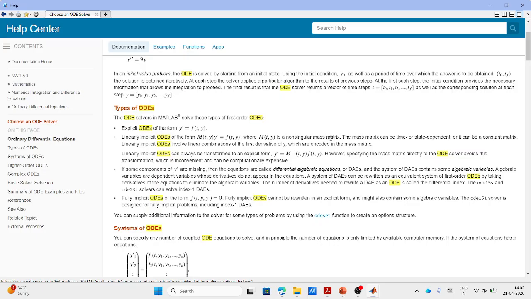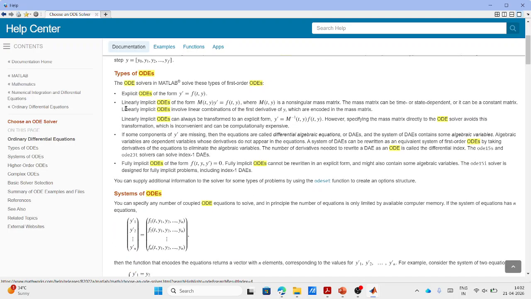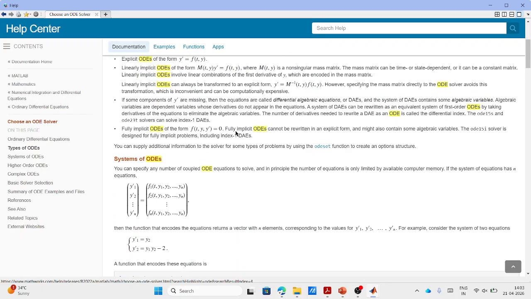M(t,y) is the non-singular mass matrix, so it is dependent on your derivative or the next step also. There are further types also, which we are not going into too much. Basically, an implicit function is where your differential is a function of the independent variable, the dependent variable, as well as the derivative or the next value.